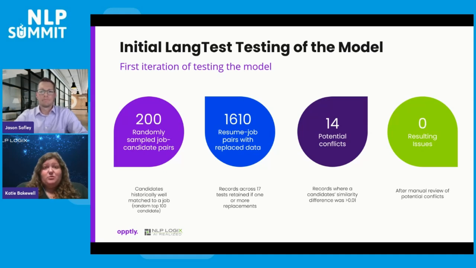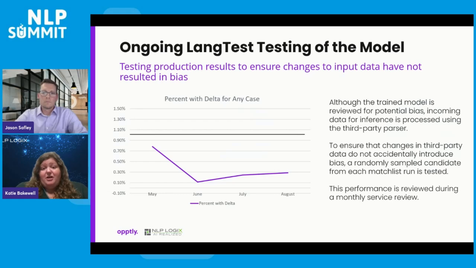So those are places where there was a difference between the cosine similarities, and we had 0 resulting issues. But that let us look at, we had an overall tolerance of about 0.2% for individual cases, or an overall tolerance of about 1% for job by job seeing any difference.